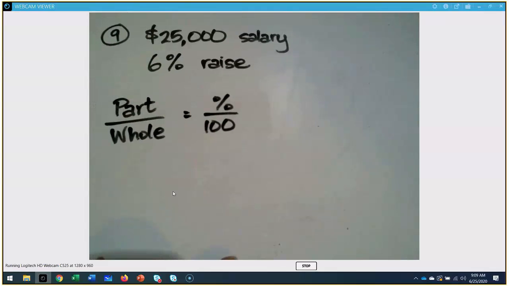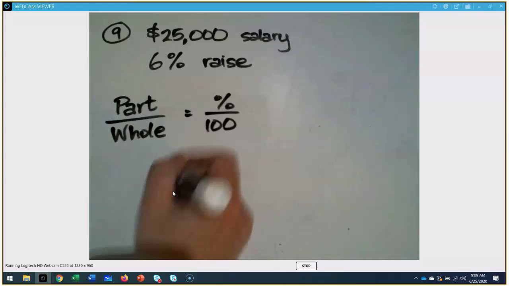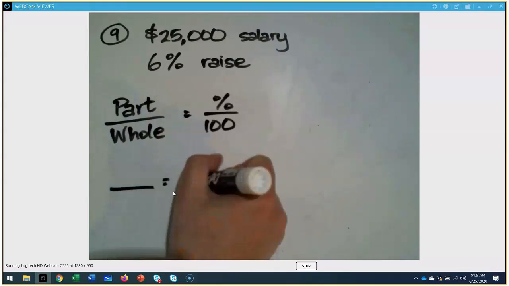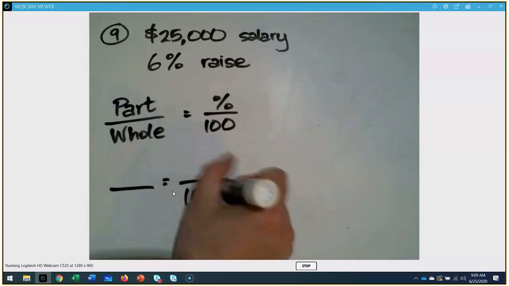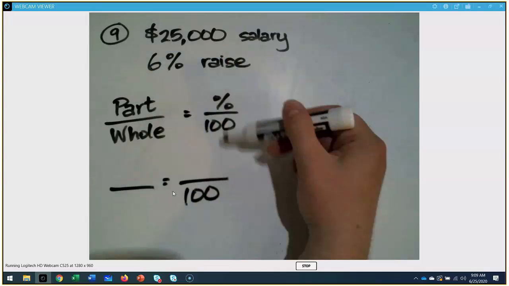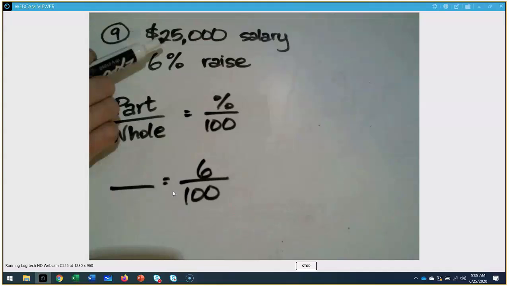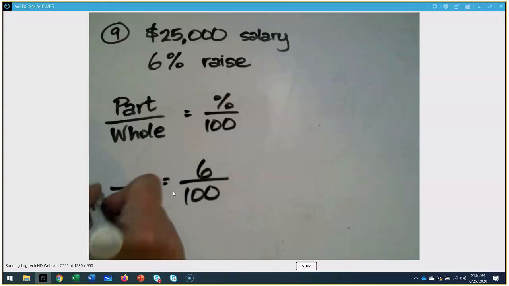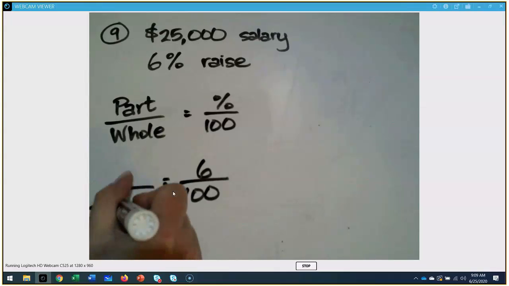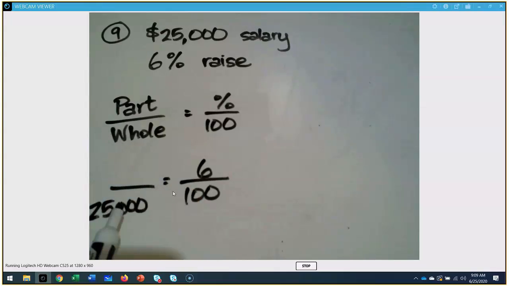Okay, so this time they gave me the percent. So the 6% is going to go over here. And they gave me her total salary so far. So that's a whole. That's going to go down here.